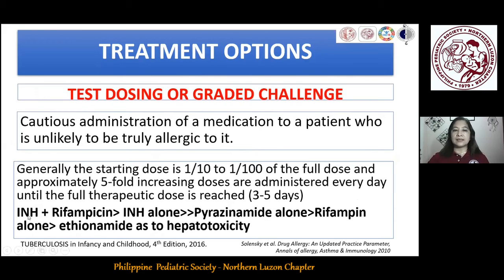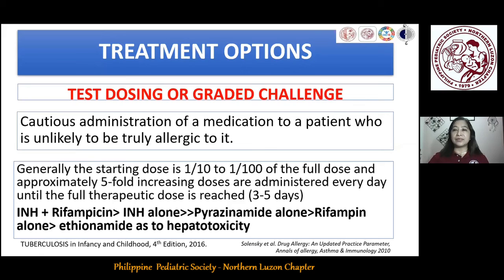Now, when it comes to hepatotoxicity, how do we introduce them? So you can see here that isoniazid plus rifampicin is more hepatotoxic than INH alone, more than pyrazinamide alone, more than rifampin alone, and more than ethionamide as to its liver injury capability. So when we bring back these medications, we start usually with ethambutol followed by pyrazinamide, isoniazid, and rifampicin.